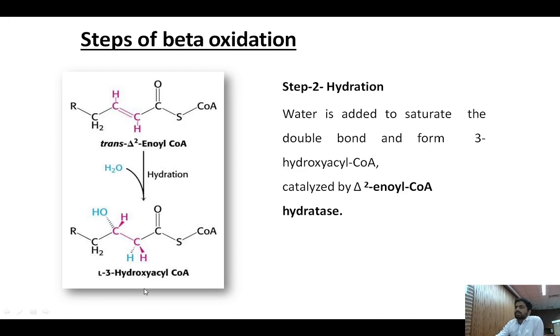Simple, hydration is happening. The enzyme required will be hydratase, enoyl coenzyme hydratase. A water molecule will be required. So one water molecule gets added to trans-enoyl coenzyme with the help of hydratase enzyme, forming hydroxyacyl coenzyme A.